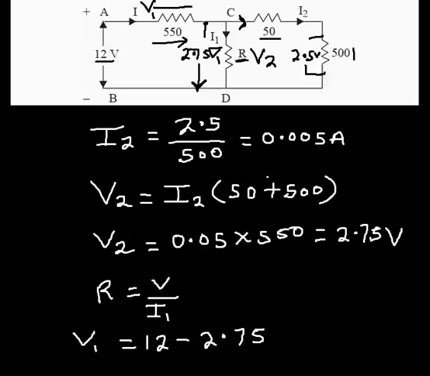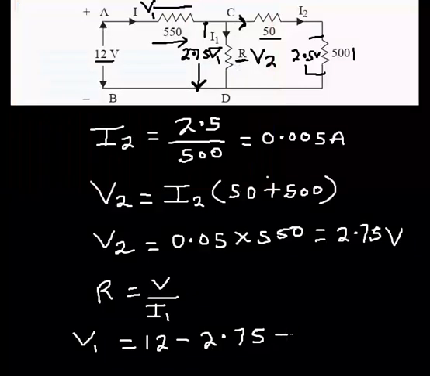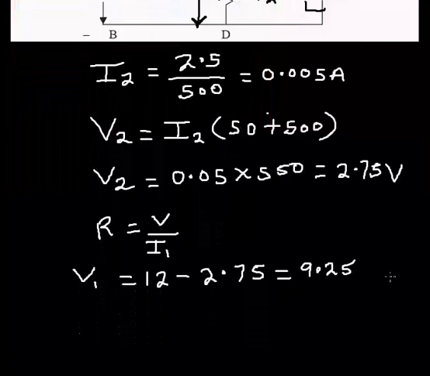That's 12 minus 2.75. All right, so let's do that. 12 minus 2.75 is 9.25. So the voltage across the 550 ohm resistor is 9.25 volts.